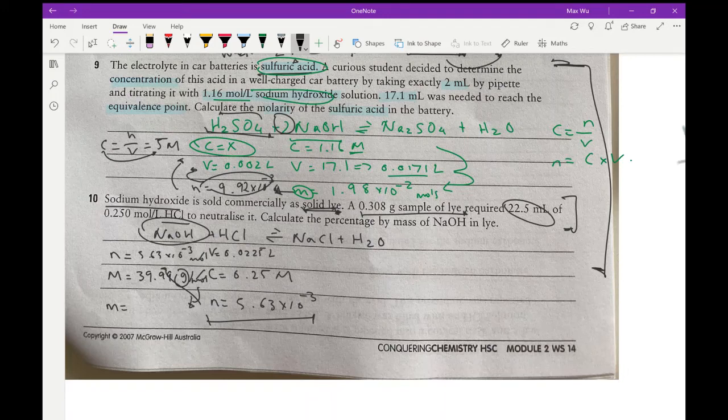So it works out, chemistry is not a lie. 39.99 times 5.63 is equal to 225.14, but this is times 10 to the negative 3, so the actual answer would be 2.25 times 10 to the negative, okay?